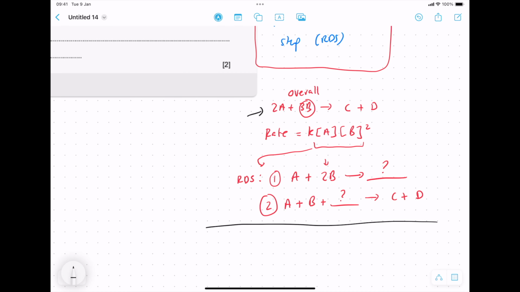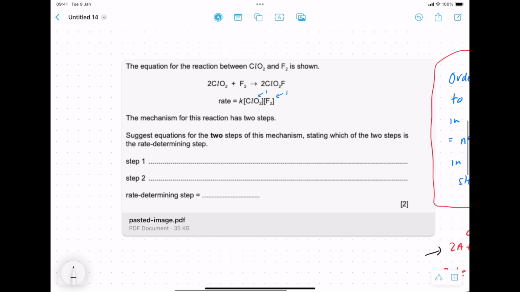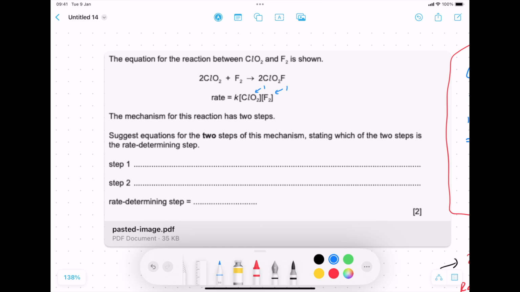So that's exactly what I'm going to do with this reaction involving chlorine dioxide. Let's take a look. It says the mechanism for this reaction has 2 steps. Suggest equations for the 2-step mechanism, stating which of these is the RDS, the rate determinant step. I'm going to do exactly what I just showed you.